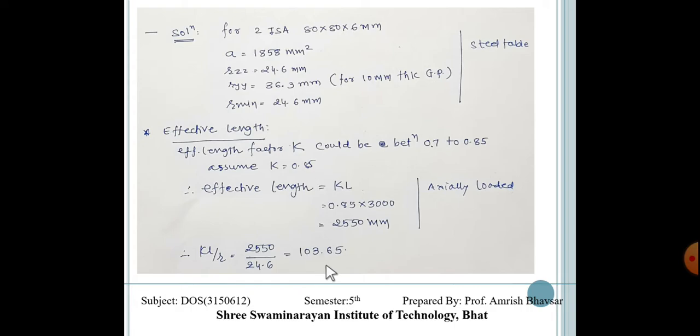This KL upon r is used for finding the FCD for our angle section, and for that we have to see page number 42 in IS 800:2007. From that, after interpolation of the value, we will get the FCD for this KL upon r.